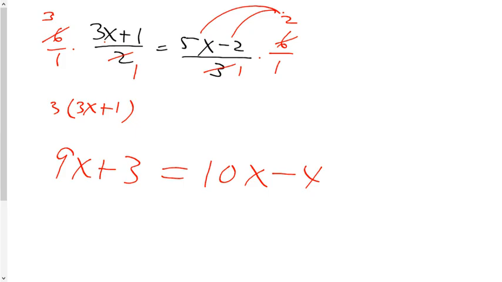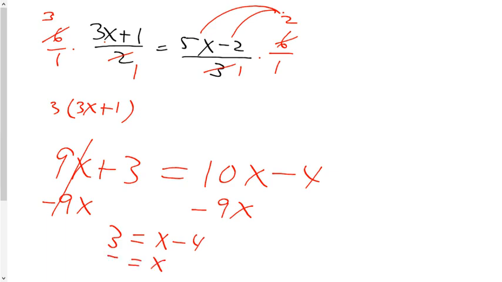We good on that? Next step. Get rid of the 9x because you have variables on both sides. 3 equals x minus 4. Therefore, x equals 7. When you add 4 to both sides, x equals 7.